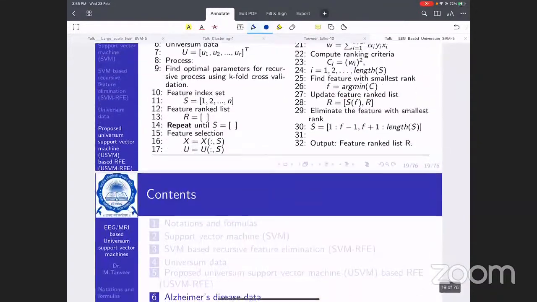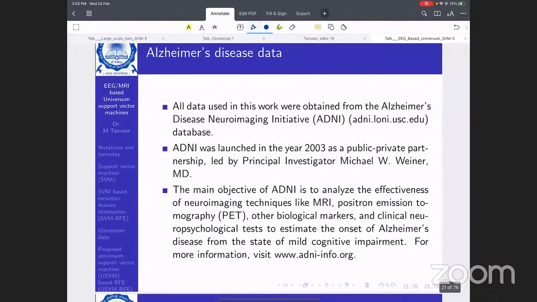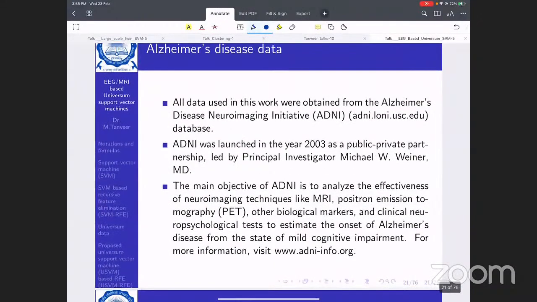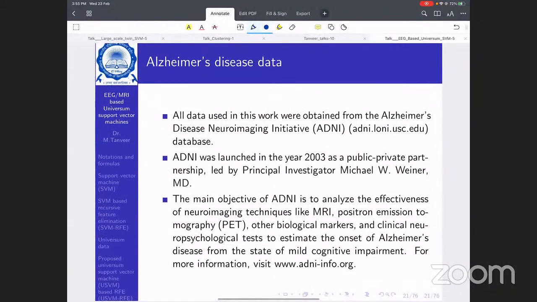Now let me discuss Alzheimer's disease data, how we are working. This data is publicly available and we obtained it from the ADNI website, adni.loni.usc.edu, launched by PI Michael Weiner.